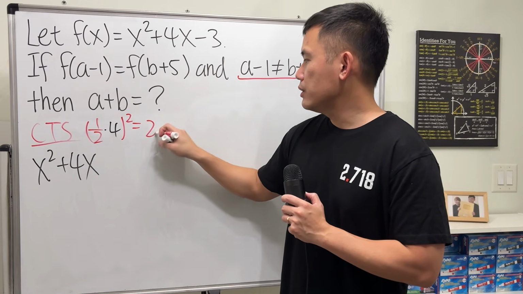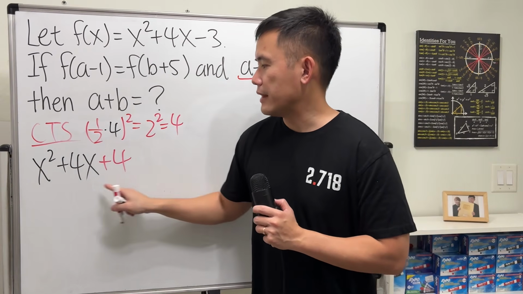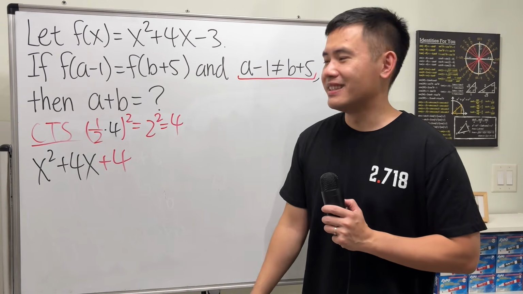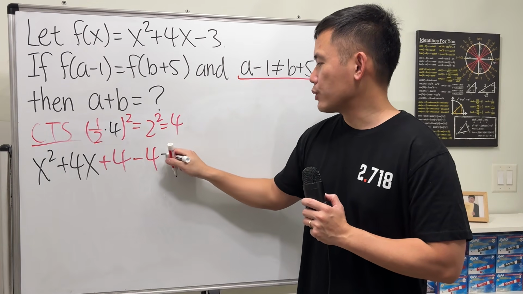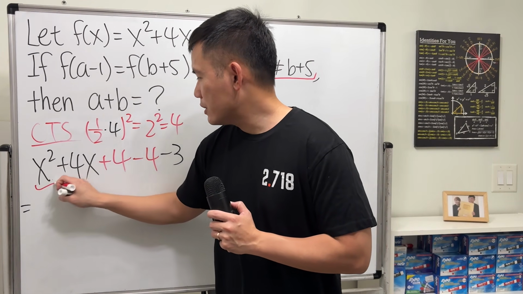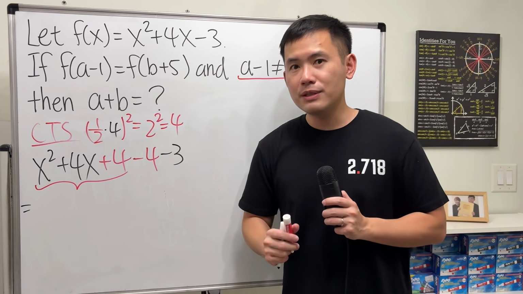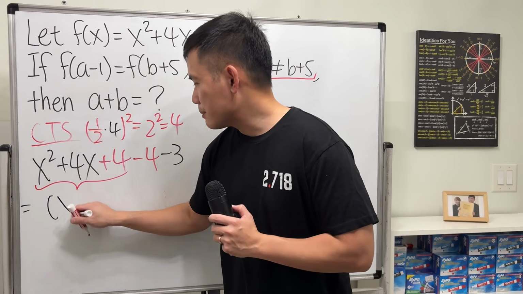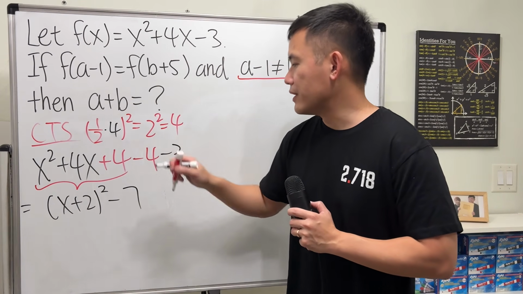This right here is 2, square that is 4. So we will have to add 4 here, and that will be a perfect square, guaranteed. But of course, we will have to subtract 4 right away, and don't forget we still have the original minus 3. And if you look at this, the first 3 terms, if you factor it, we get x plus 2 times x plus 2. So that is x plus 2 squared, and this and that is minus 7.